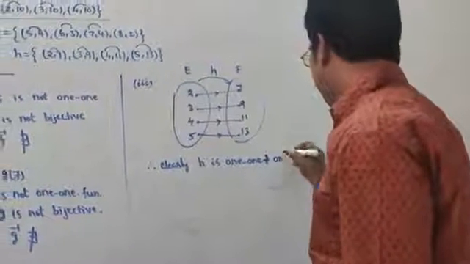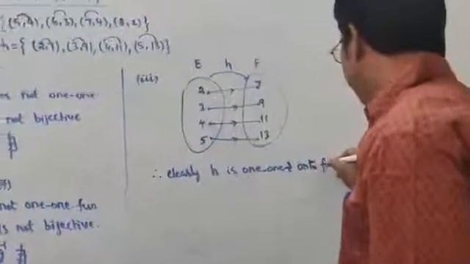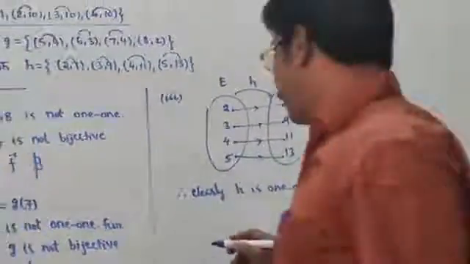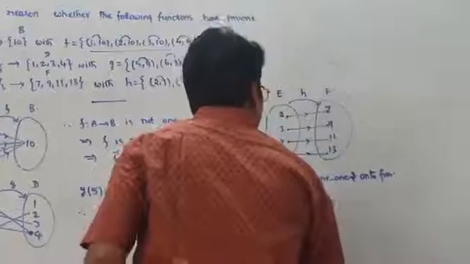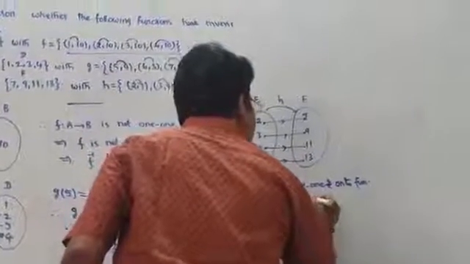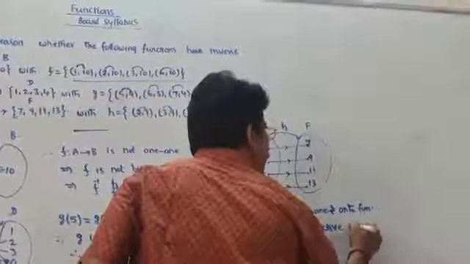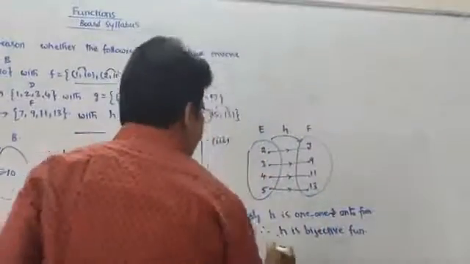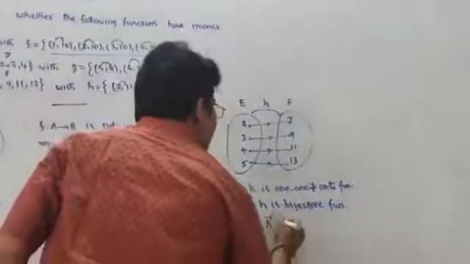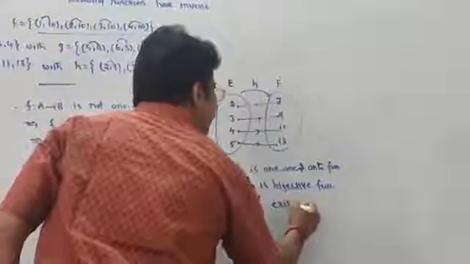Thus it is one-one and onto, so h is a bijective function. Therefore h inverse exists.